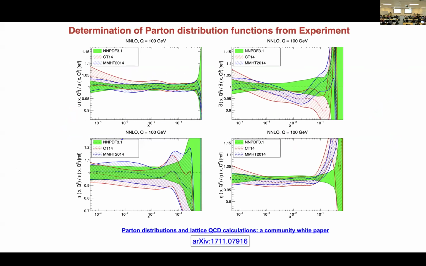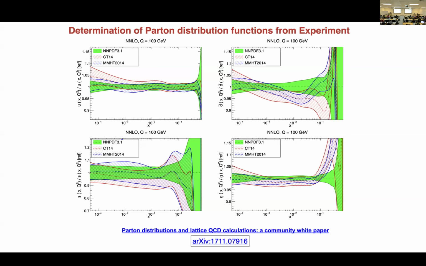And I have to point out that there are many collaborations that do these extractions from experimental data. And if you look at this ratio of the results that various collaborations get, the NNPDF or CT and MMHT and so on, you see that there are disagreements between them, and the methodology that each one of them is using produces slightly different results.